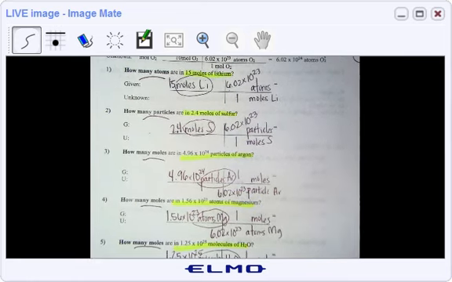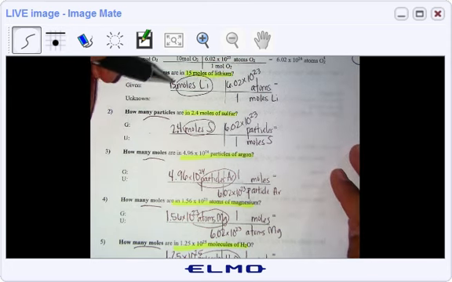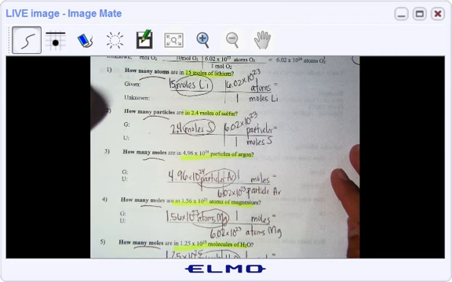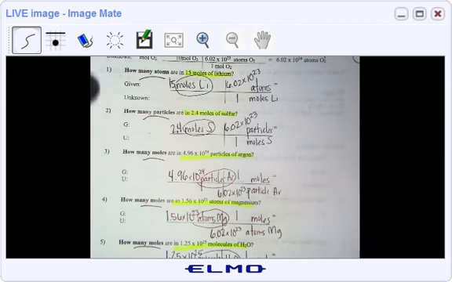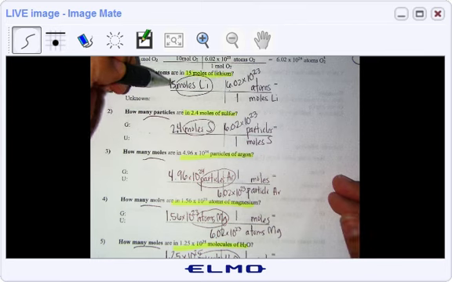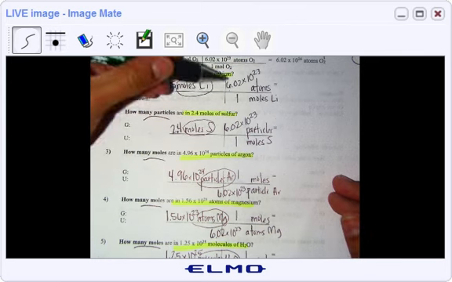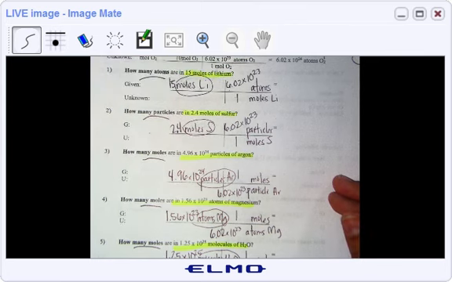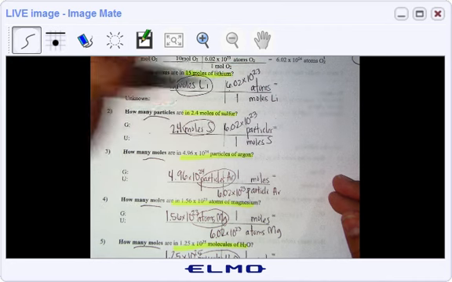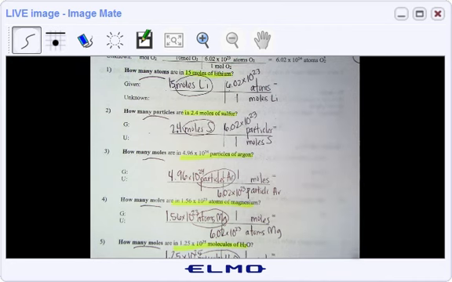If you're still a little bit confused whether you multiply or divide, ignore the ones. The ones aren't that important right now. Look at the two real numbers, so any other number besides 1. If the two real numbers, 15 and 6.0 times 10 to the 23, are side by side, you're going to multiply.